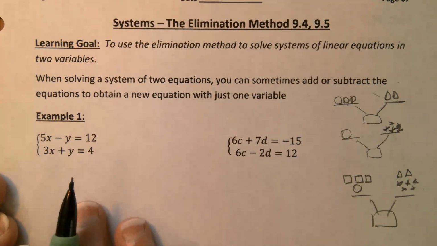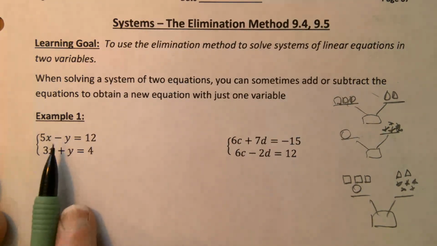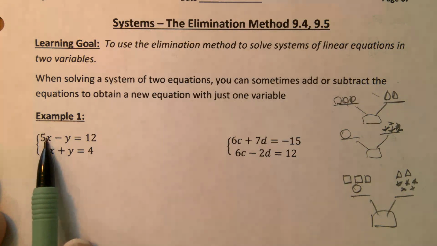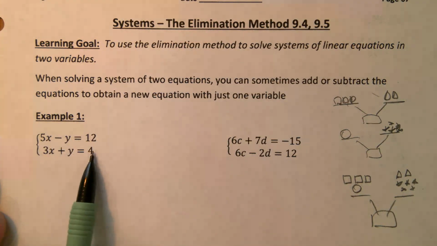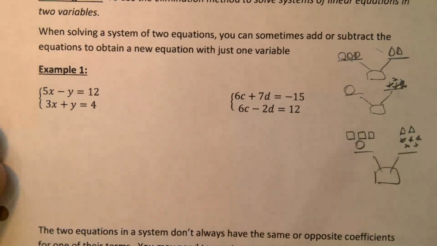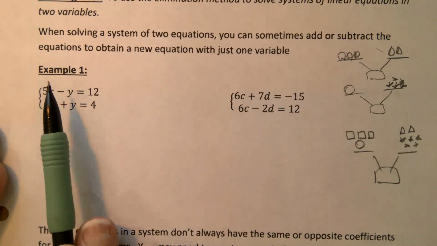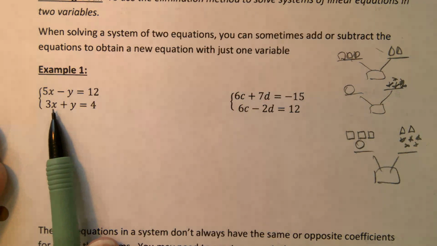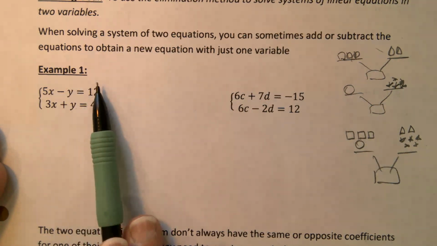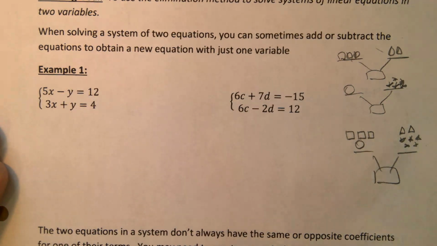If I take this system of equations, I have 5x minus y equals 12, 3x plus y equals 4. It's usually helpful if you have them written in standard form, because then your variables will line up. Here I have 5x and 3x lined up, negative y and positive y lined up, and then my constants, 12 and 4, lined up.